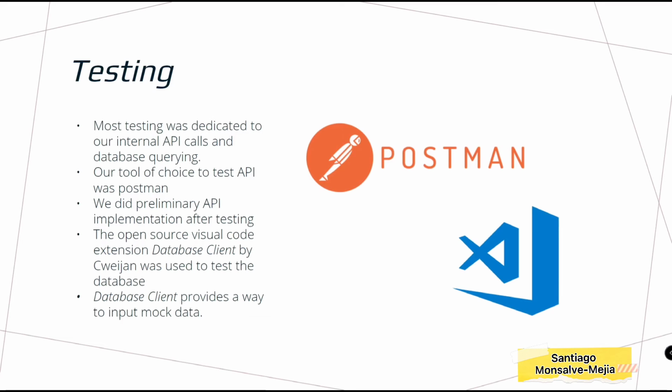Now, the other tool that we used to test, and this is for the database, is a Visual Studio Code extension called Database Client by Weijan. I hope I'm not mispronouncing his name.